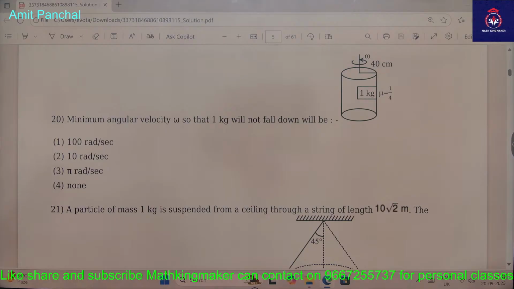So the minimum it can go is if they are equal, the centripetal force and the force of friction.